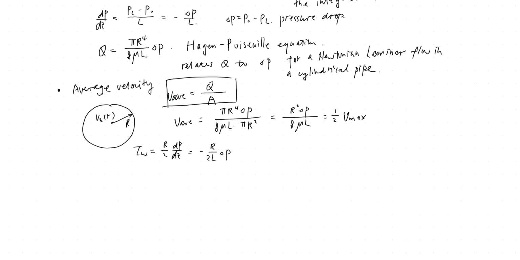And actually, all shear stress in this scenario, in the pipe flow, by the sign convention of shear stress, is a negative shear stress.